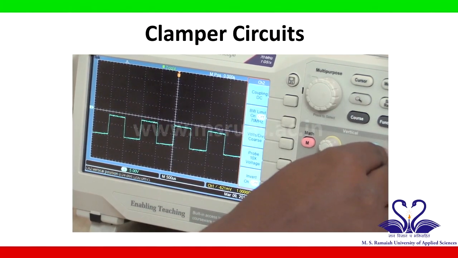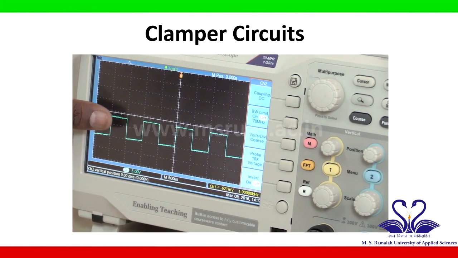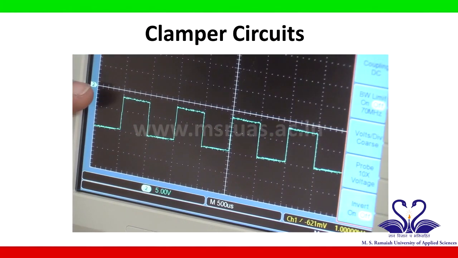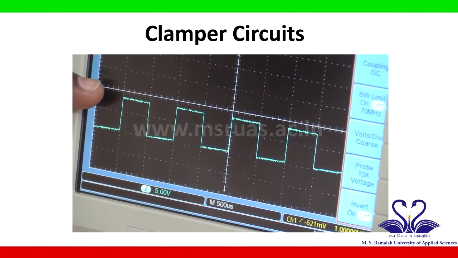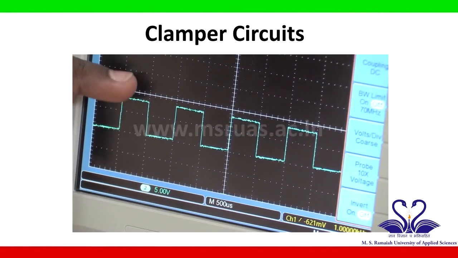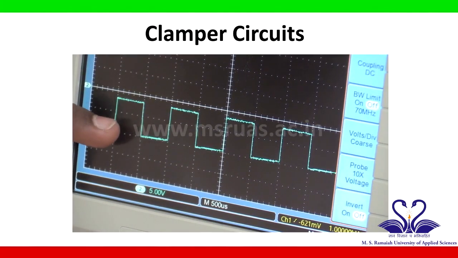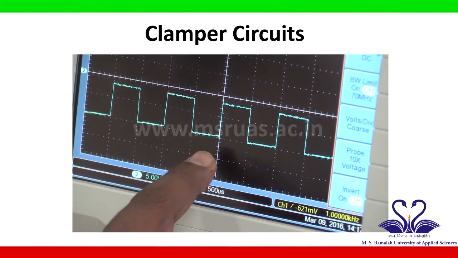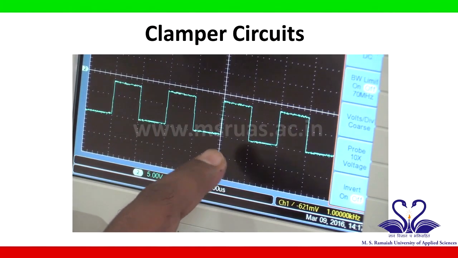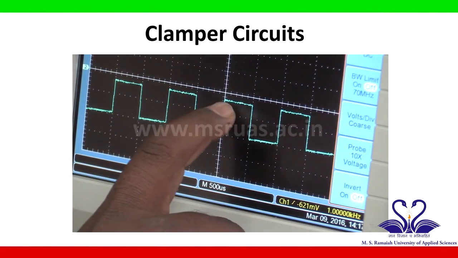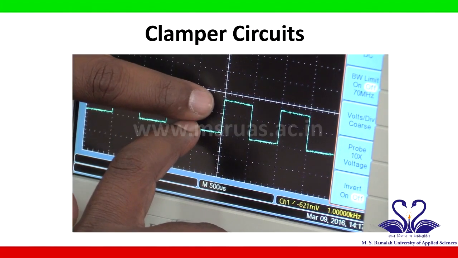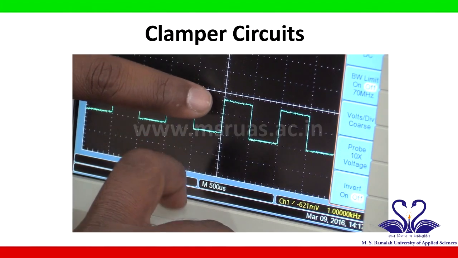Now this is the output we are getting, and if you see, this output waveform exists only below the reference line, or below the zero line, that is a negative signal. This indicates it is a negative clamper circuit. And if you see this line, which is not touching 0, from 0 to this line there are 2 small divisions.